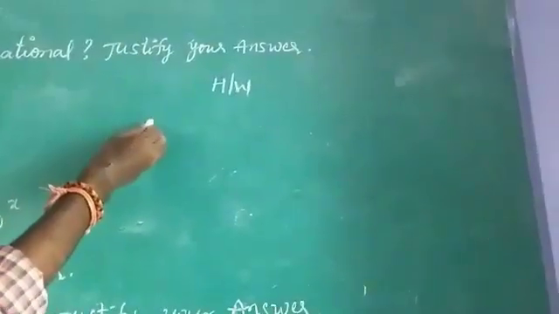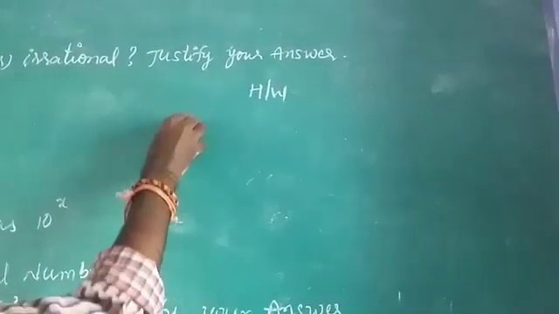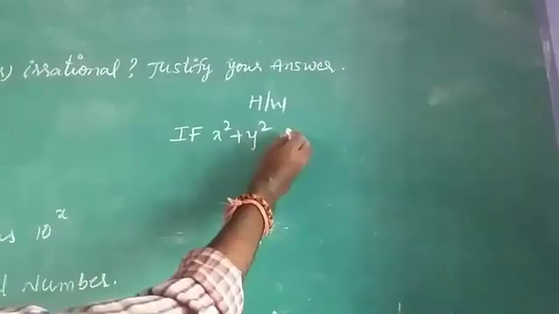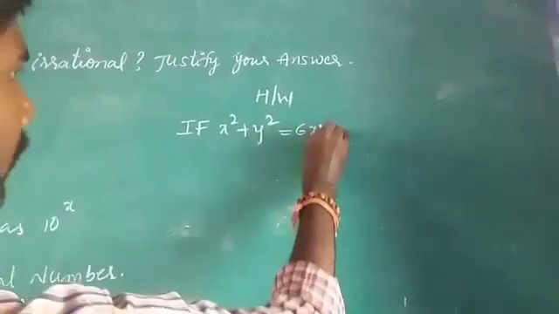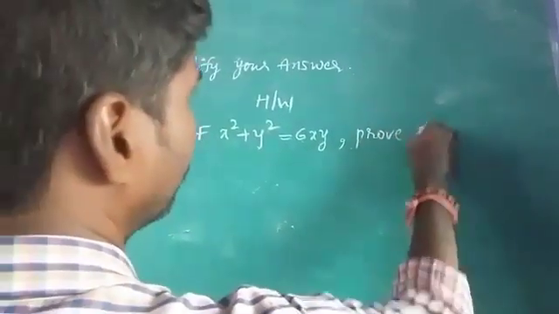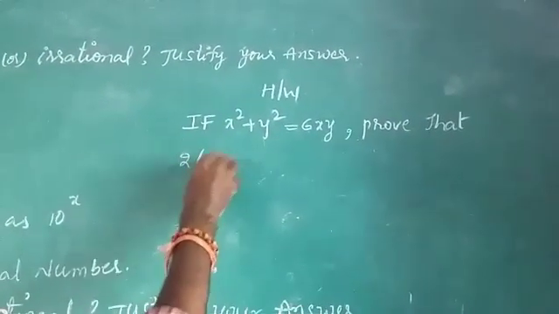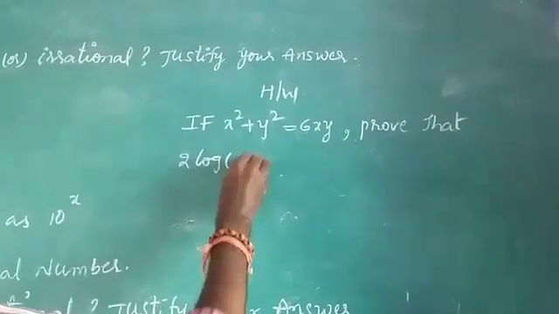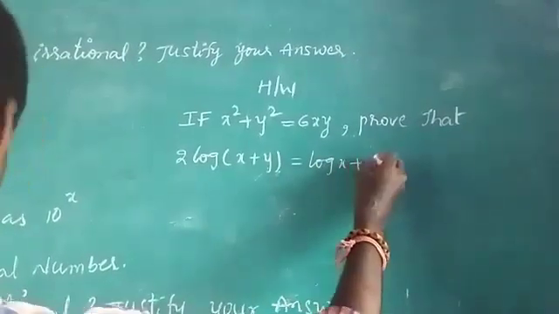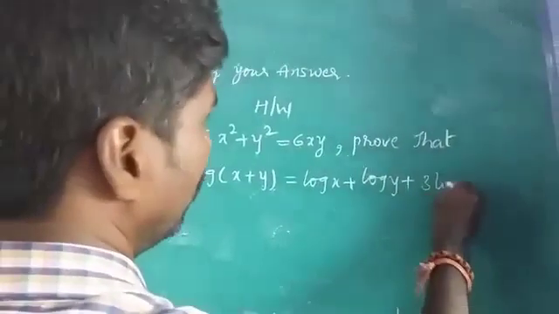So, homework. I explained the previous problem. If x squared plus y squared is equal to 6xy, prove that 2 log of (x plus y) is equal to log x plus log y plus 3 log 2.